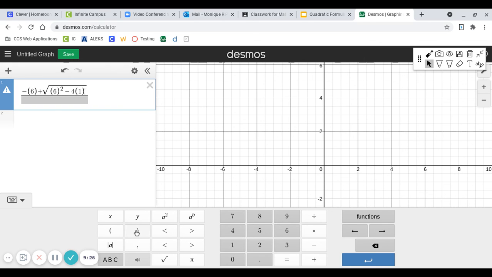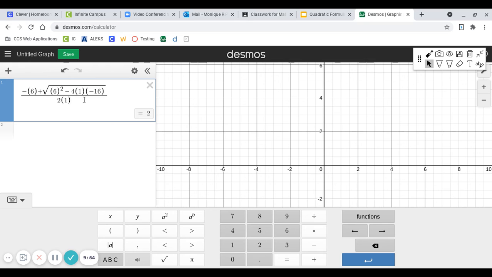Then we had 1, and then times negative 16. And then at the bottom, we have 2 times 1. And they give us our answer right here. Make sure that everything is exactly how the formula is. So be very careful when you're doing this.